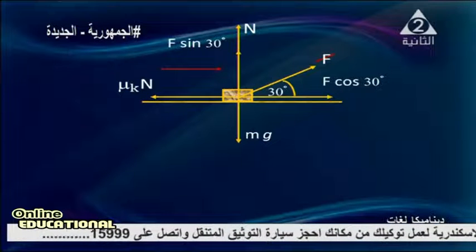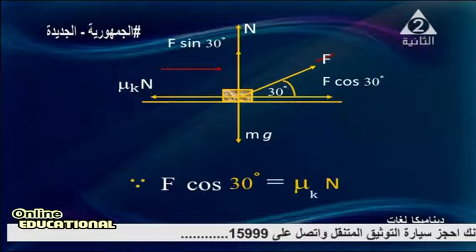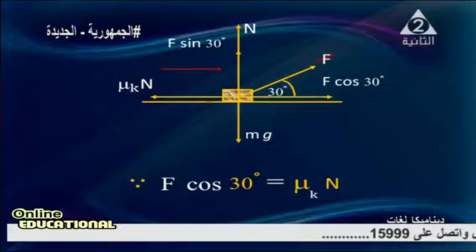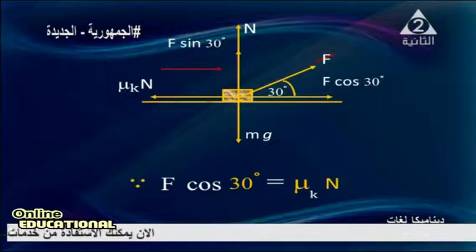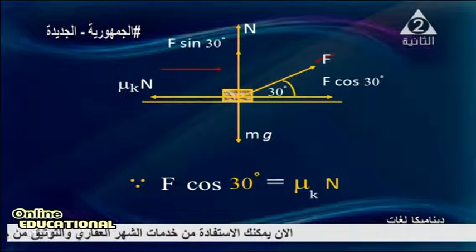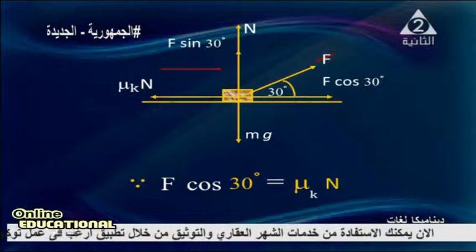Now, if the body moves with a force of magnitude F cosine 30, then F cosine 30 degrees equals mu n.